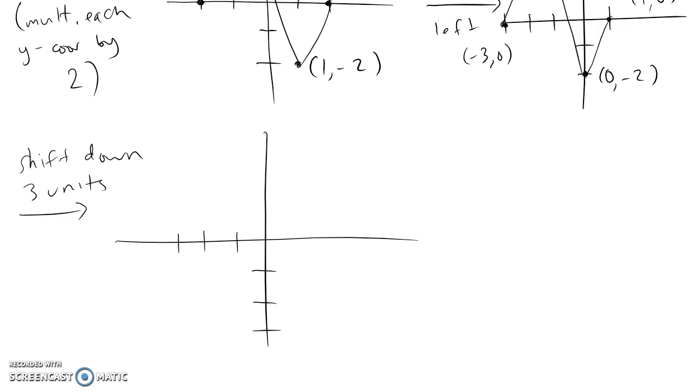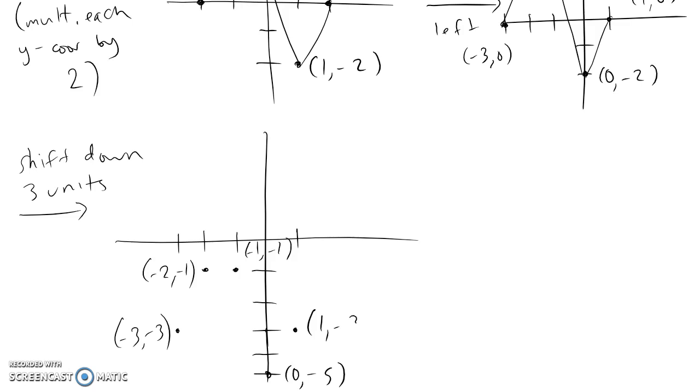That puts us at -3, -3, and -2, -1. As well as -1, -1, 0, -5, and 1, -3. And this is our final graph.